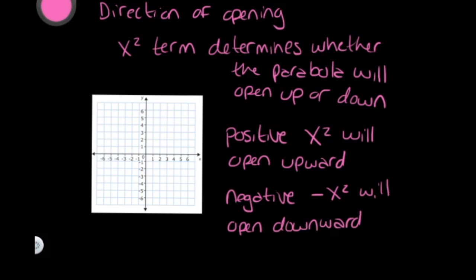So, for example, if we have a parabola that looks like this, it opens upward.